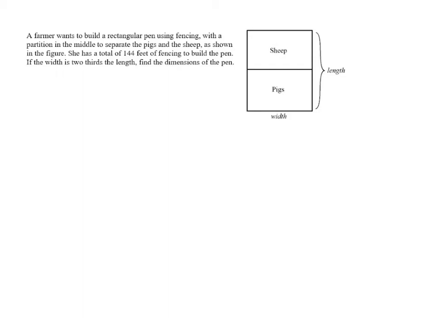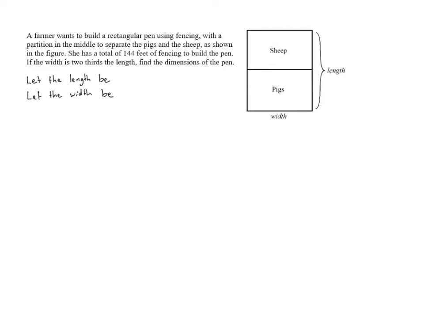Now again, we're asked for dimensions, and in this case, those are the length and the width. So let's write our let statements. Let the length be something, and let the width be something else.